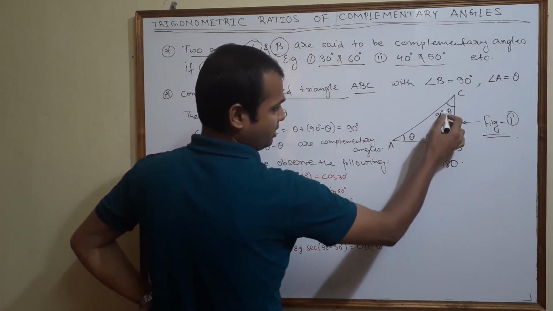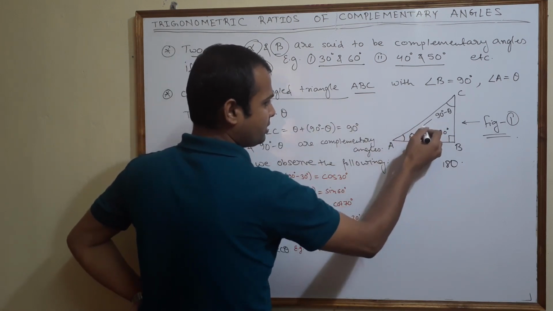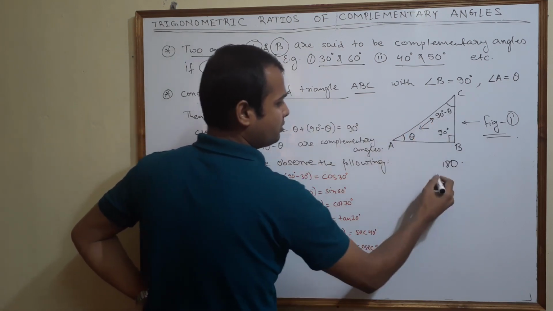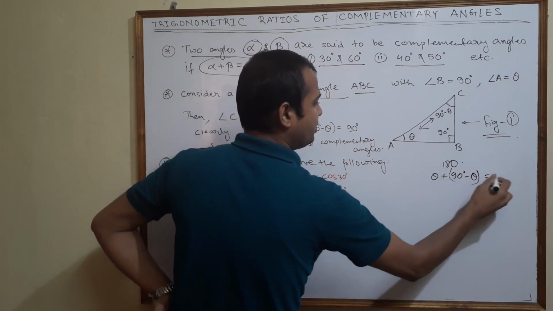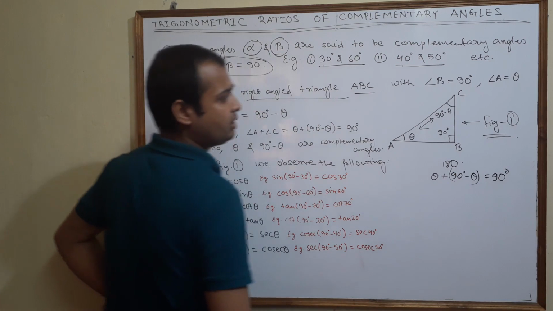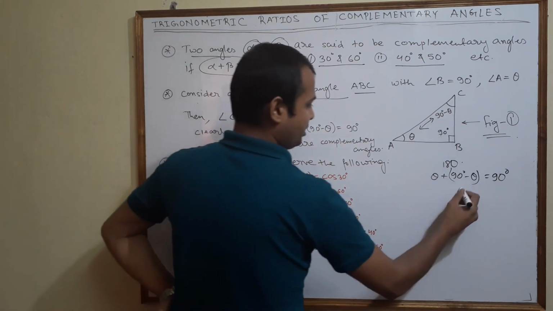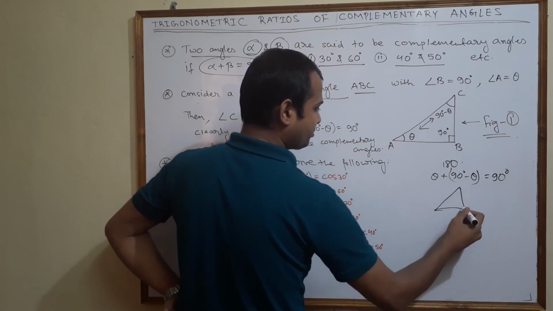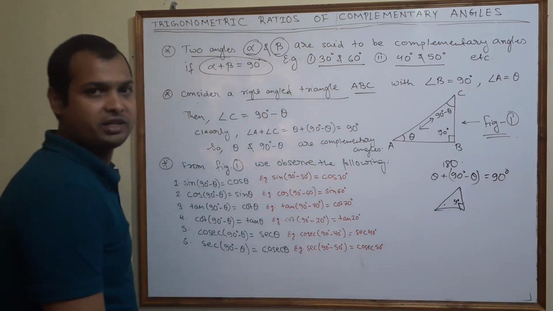That's why this is 90 minus theta. Clearly, if you take the sum of these two, theta plus 90 minus theta, you will get 90. Therefore these two angles are complementary. So in a right angle triangle, if this is 90, then the remaining two are complementary angles.